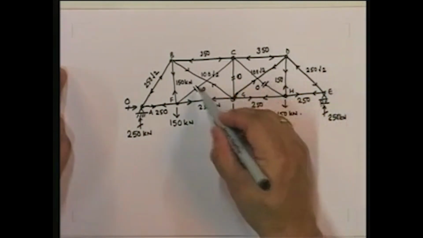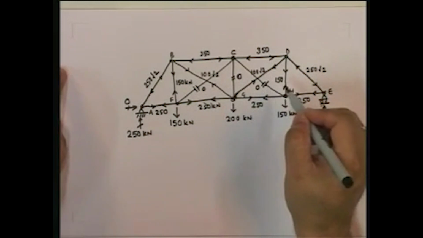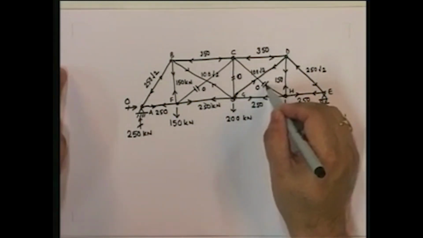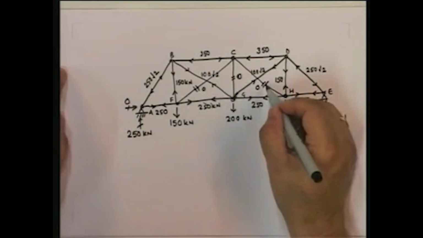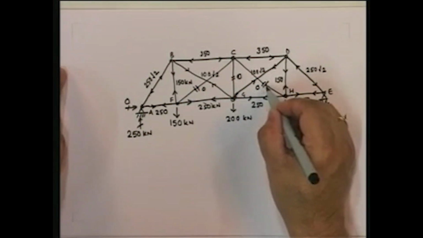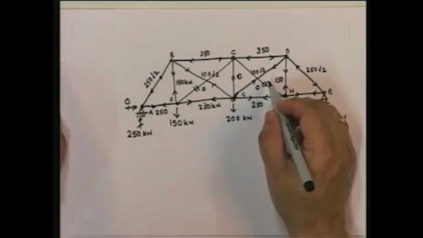Once we find those out, then the compatibility condition over here will be that this displacement has to be equal to 0, and the compatibility condition here is the displacement has to be equal to 0. So that gives us 2 additional equations, and once we have those, we can solve for x1 and x2, and all the member forces can be found out.